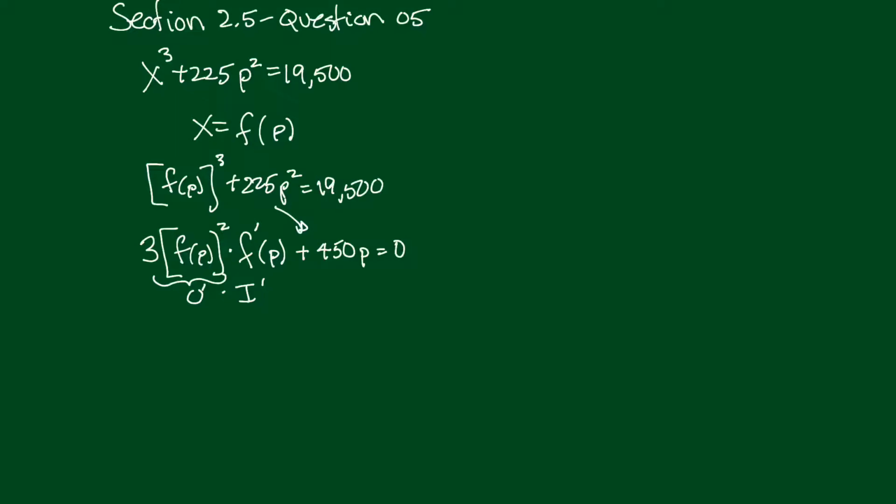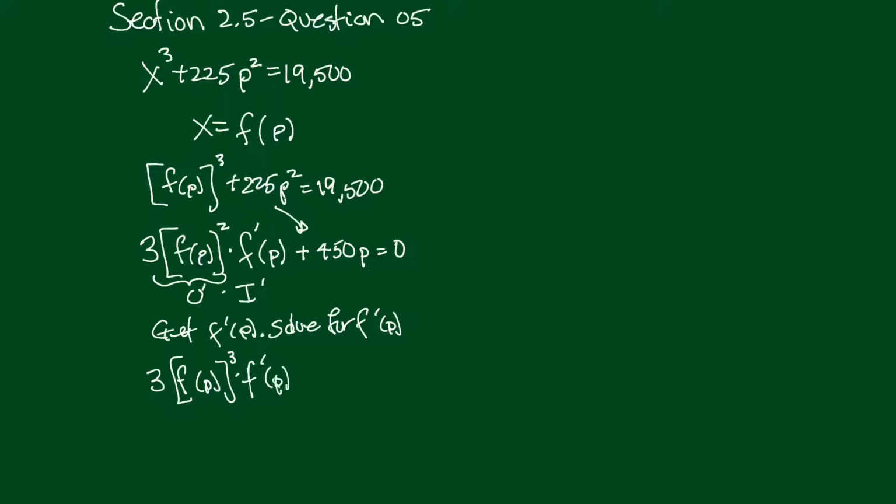Now what we're trying to get here is f prime of p. So let's solve for f prime of p. Let's subtract. Okay, so we're going to get 3 times f of p cubed times f prime of p equals negative 450p, and now let's divide.